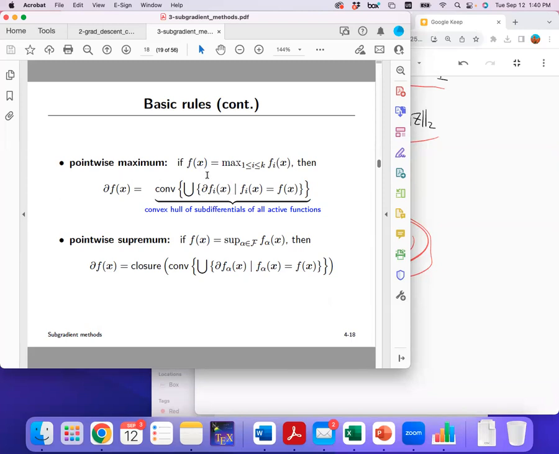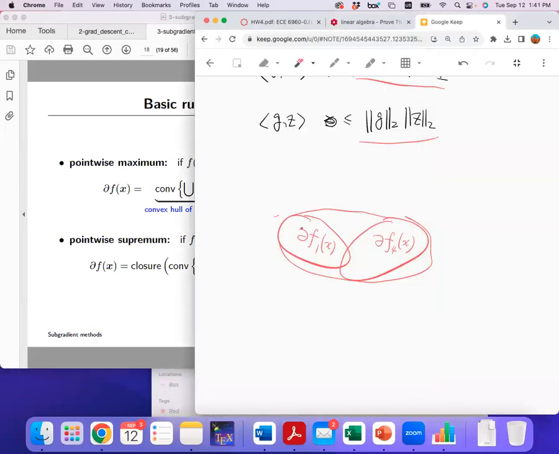But you can see at least the subdifferentials of all the active functions at this point are proper subdifferentials for this f(x). So at least the points within these two sets are proper subdifferentials.